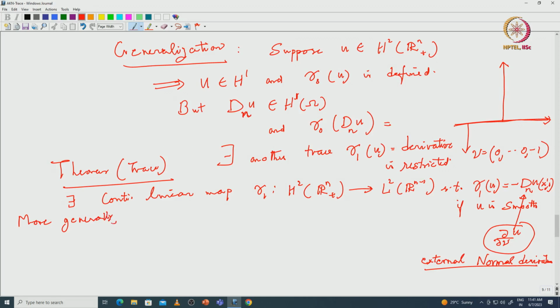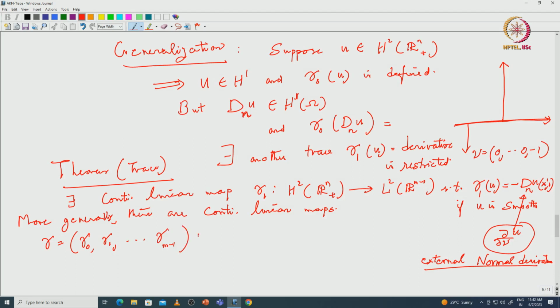there are continuous linear maps. So, let me write it together. Gamma is equal to gamma naught, gamma 1, up to gamma n minus 1.